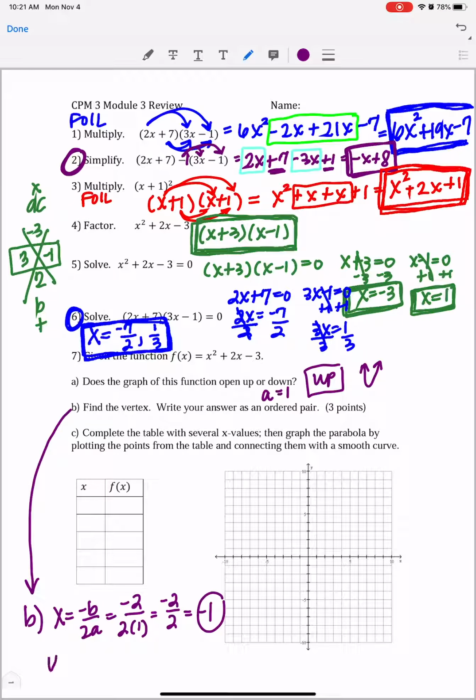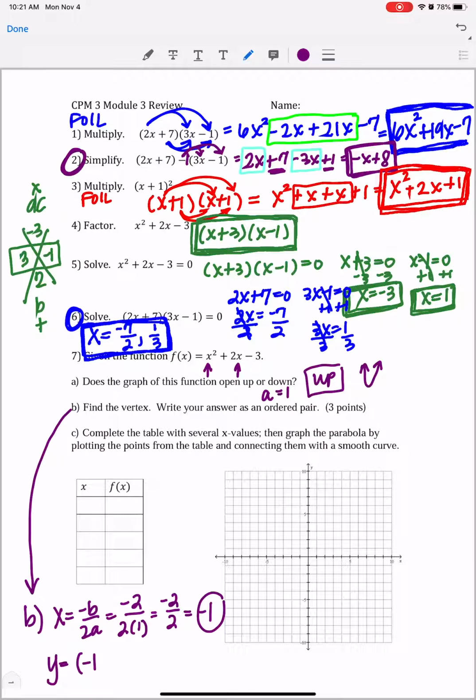To get my y, we're going to plug in that -1 into both of these x's here. And when we plug this in, we're doing this with parentheses.